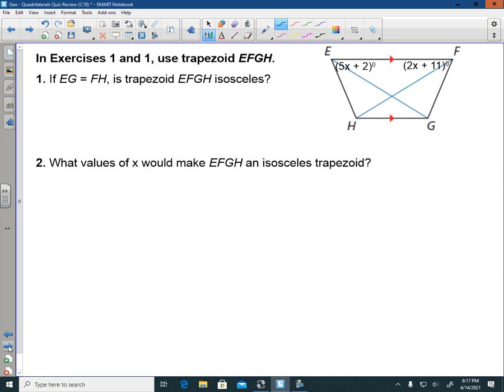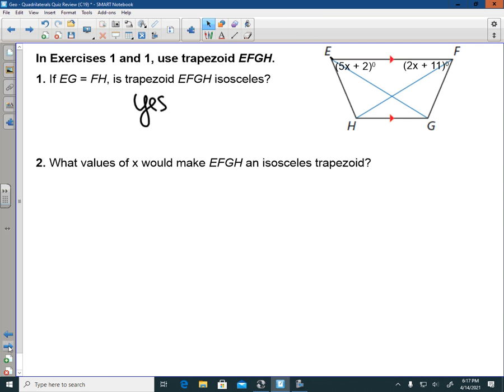So it looks like we have a trapezoid here, and we're saying if EG, this diagonal here, is equal to FH, this diagonal here, is that trapezoid isosceles? And the answer is yes, because in a trapezoid, if the diagonals are congruent, then the trapezoid is isosceles, and that problem is done.